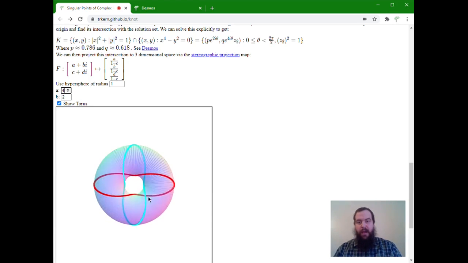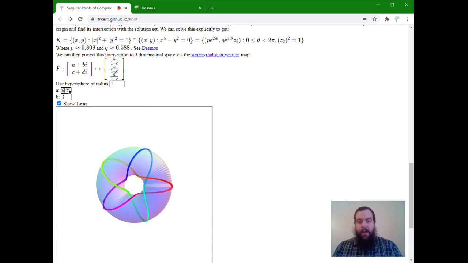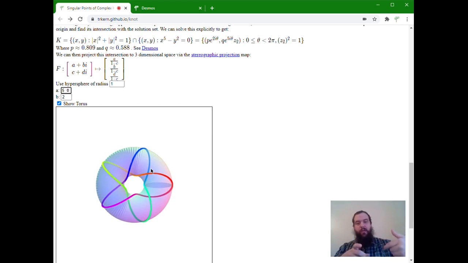And that's because there is a common divisor between 4 and 2. Whenever there's a common divisor, that's going to give you multiple links. We see 5 and 2 don't have a common divisor, so the whole thing is one single knot.